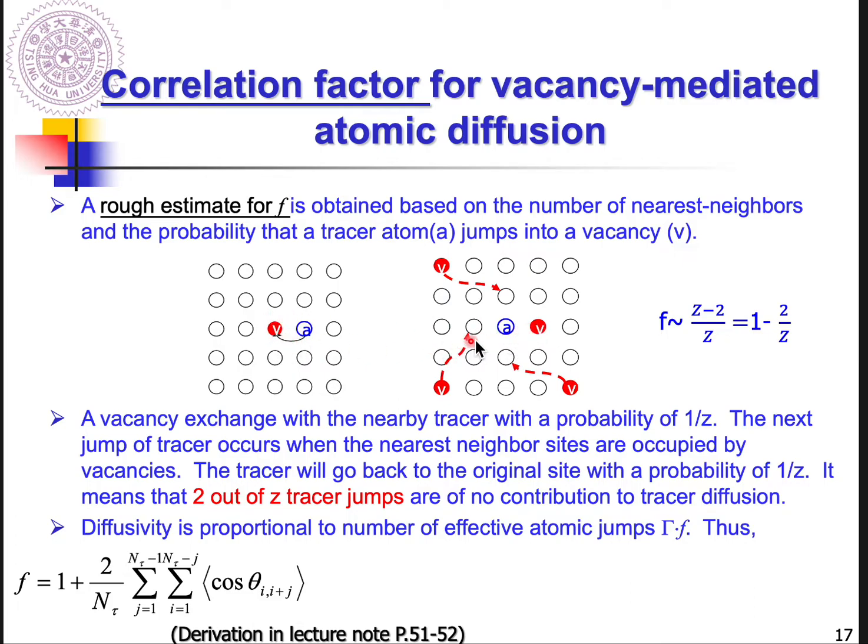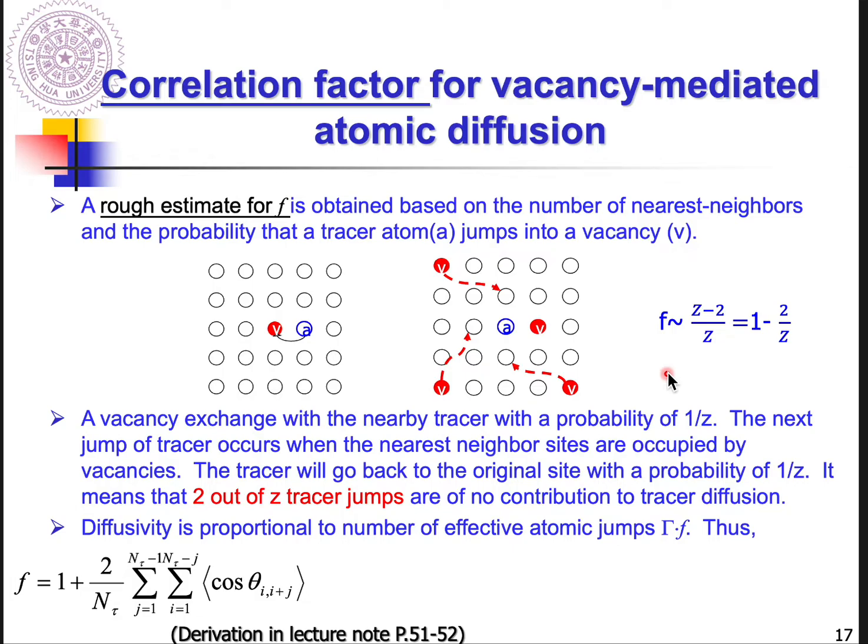So the probability, and next will be like this, right? The vacancy becomes the right-handed side, and the atom becomes the left-handed side. Then after a certain time period, the vacancy probably exchanges with other atoms and moves to somewhere.